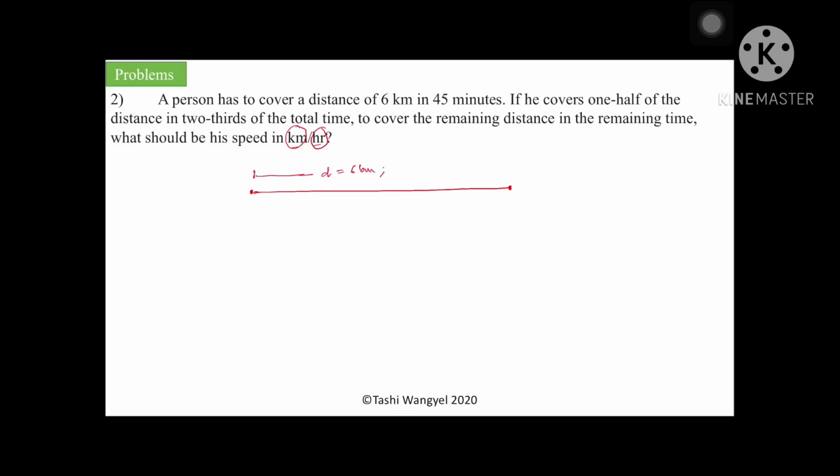The distance is 6 km, and the time to cover it is 45 minutes. To change to hours, 45 divided by 60 is 0.75 hours.